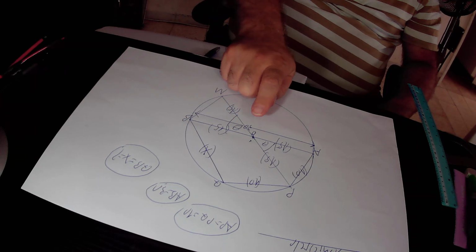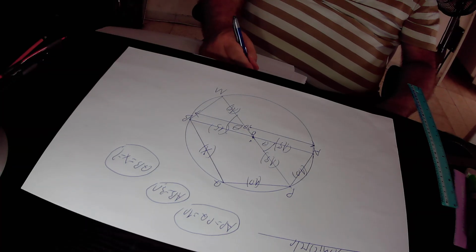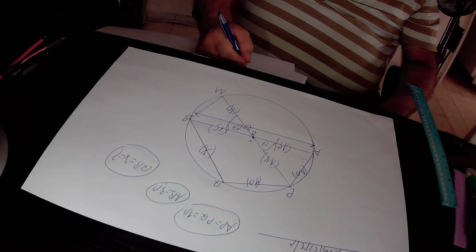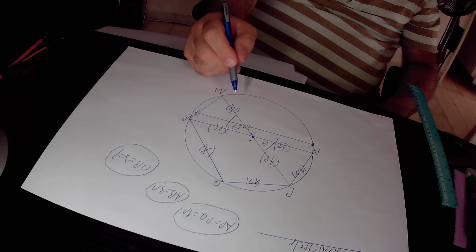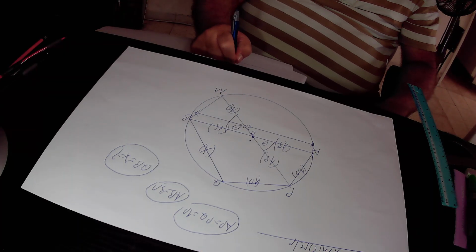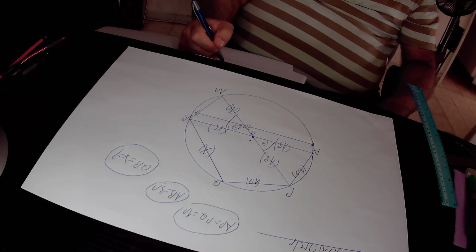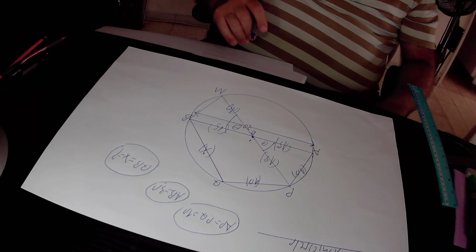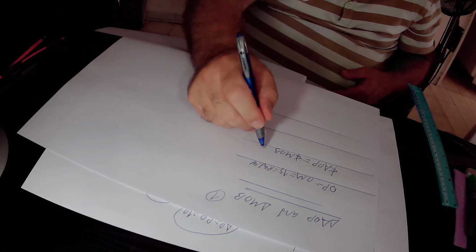So this is angle AOP in triangle AOP, and it is equal to this angle, angle MOB in triangle MOB, according to the rule that vertical angles are equal.